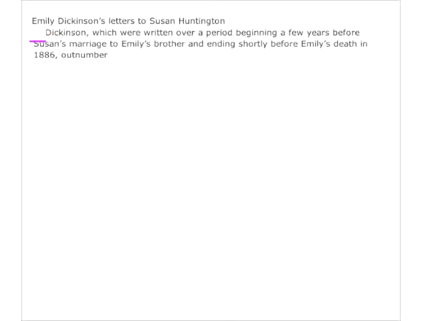Emily Dickinson's letters to Susan Huntington Dickinson, which were written over a period beginning a few years before Susan's marriage. Okay, let's have a discussion about this which modifier. This is the correct answer, so we have to have a modification that actually makes sense. Remember that the meaning of the sentence is of paramount importance here.